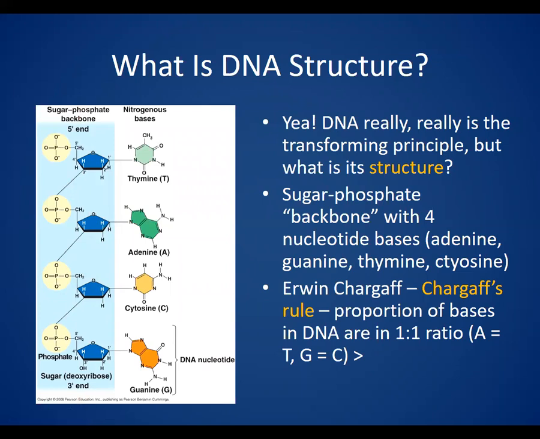And so they form a chain. And attached to these sugars are one of four nitrogenous bases. And that was already known. The DNA was composed of four nitrogenous bases: thymine, adenine, cytosine, and guanine.